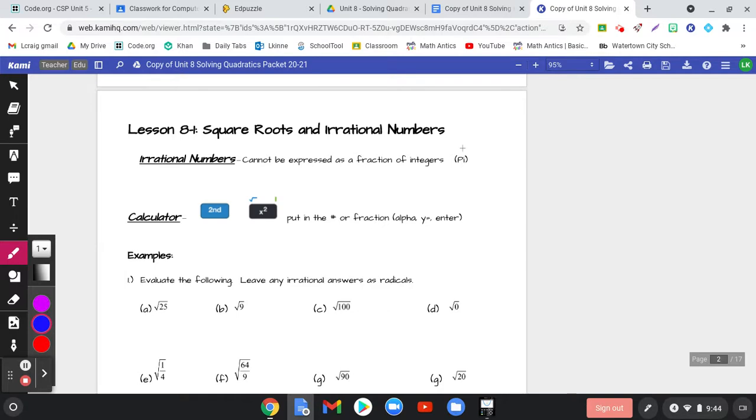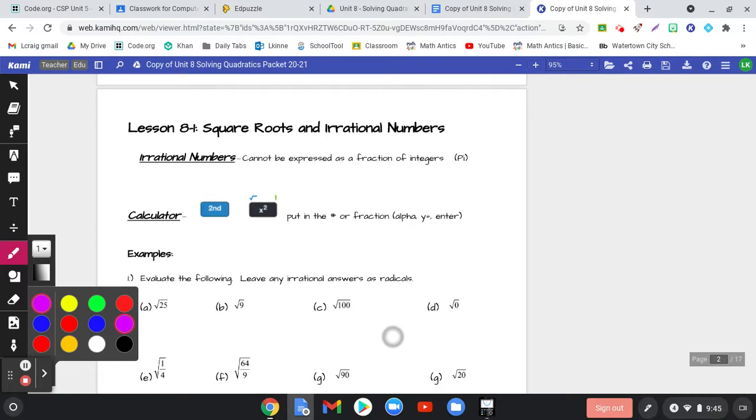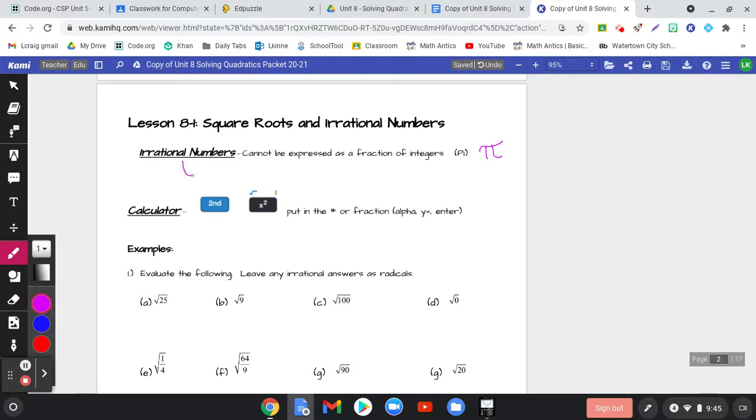If you can write it as a fraction of integers, positive or negative, that's fine, but otherwise, it's irrational. Think about pi again, 3.1415926, it just keeps going, all right? So irrational numbers can't be expressed as a fraction, and they also don't end or repeat.